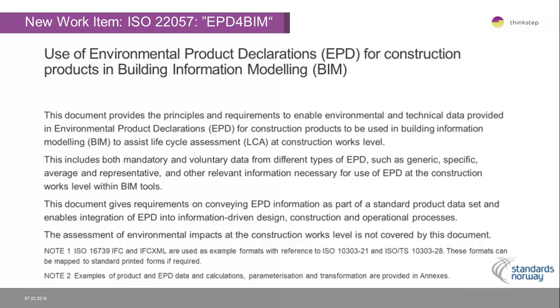It's pretty standardized and agreed, but there needs to be a bit more information, particularly, for example, over the use of scenarios, such as end of life. It's no good just providing the data for transport to site if you don't actually tell somebody that it's by truck and it's 100 kilometers, or it's by ship and it's 1,000 kilometers.